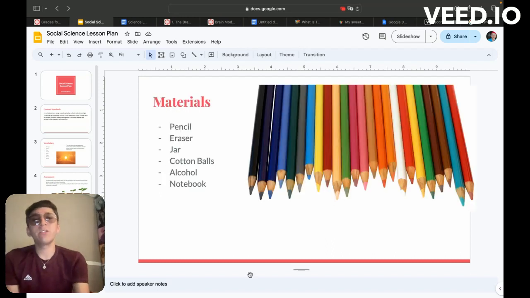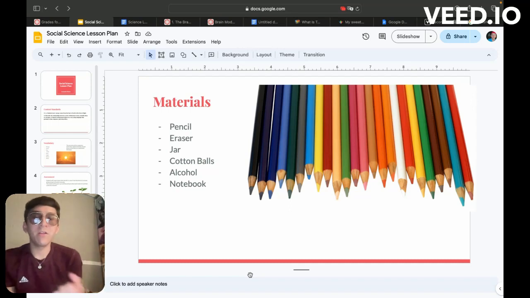The materials that I chose: they're going to have a notebook so that they can write all of the steps that they made. They're going to be writing down notes like, why is it important for the plant to receive the sun.